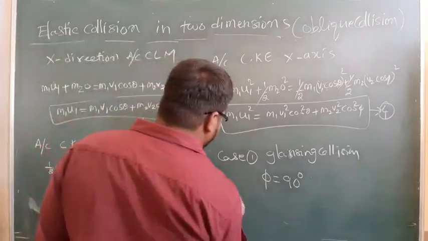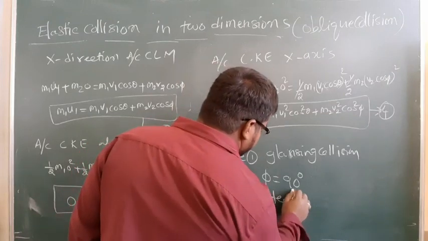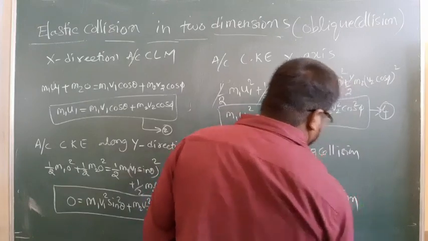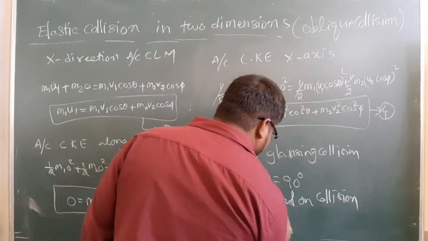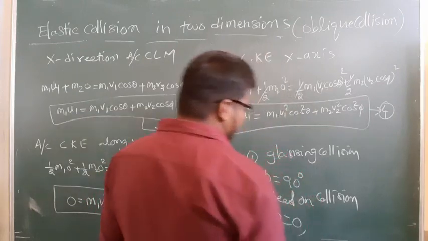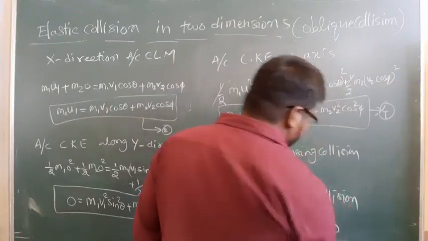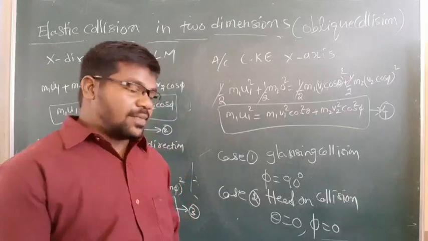Next, case 2: head-on collision. In this case, head-on collision means theta is equal to 0, then phi is equal to 0. Theta is equal to 0 and phi is equal to 0, my dear children.